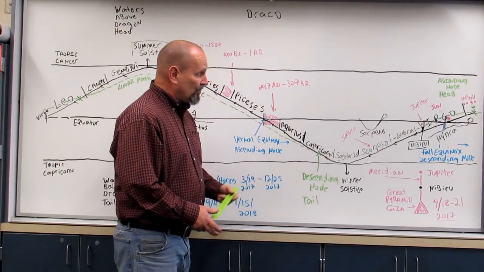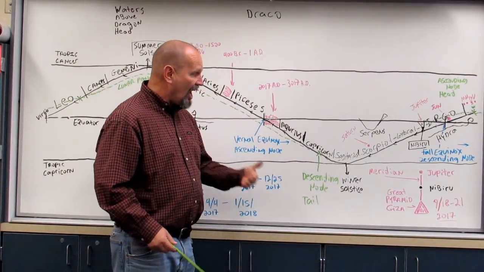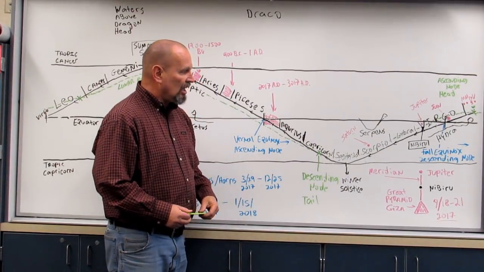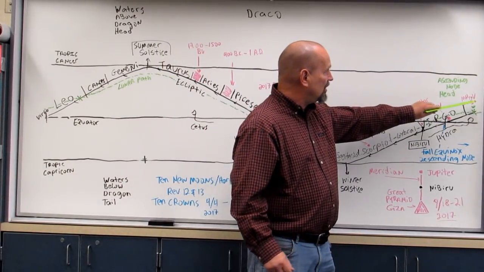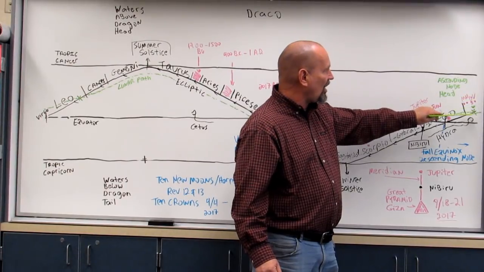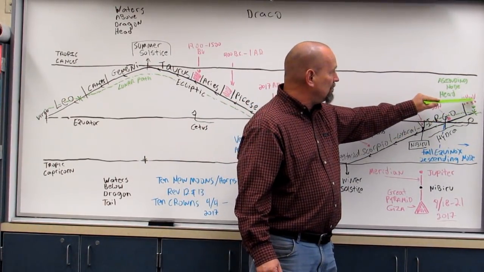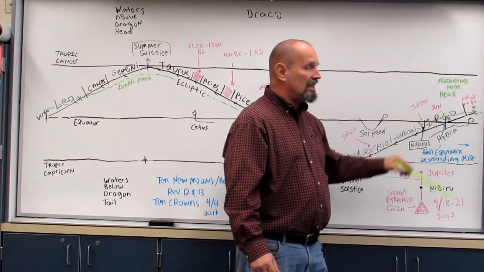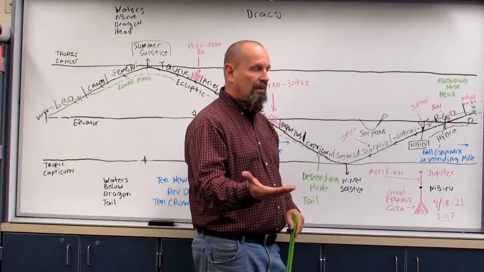Now here's what's interesting. On 9/18 of this year, 2017, we had Venus sitting right here, just inside the head of the dragon. Then we had the moon sitting right here in its last phase of the crescent phase, what's known as the crown phase.